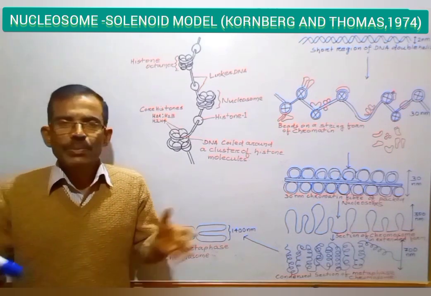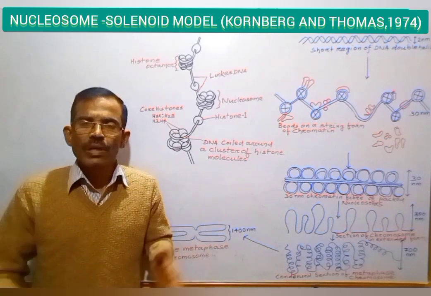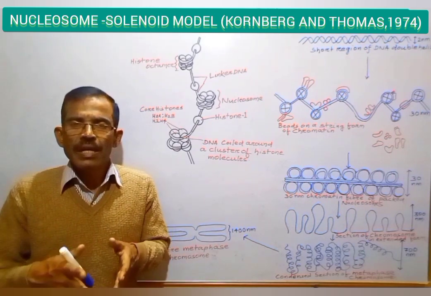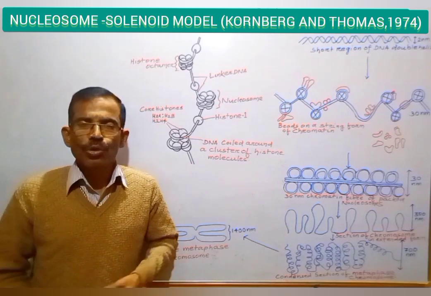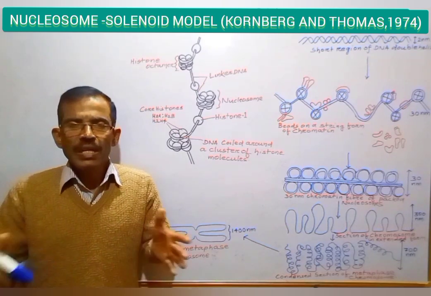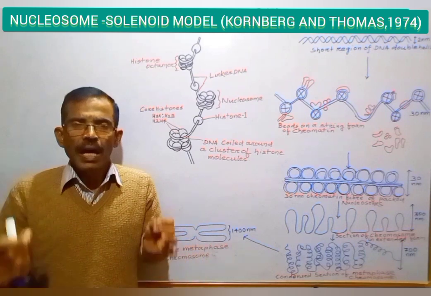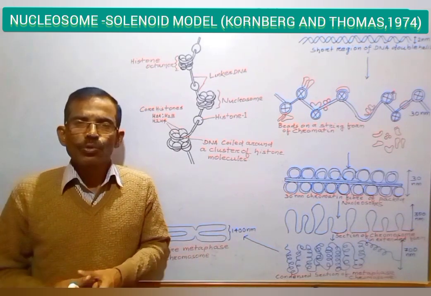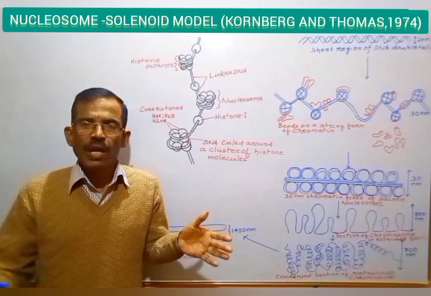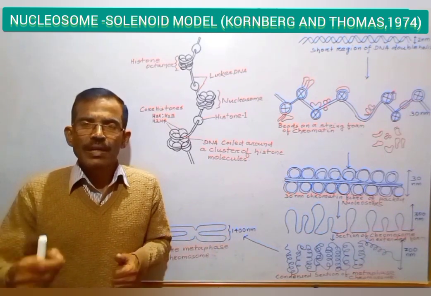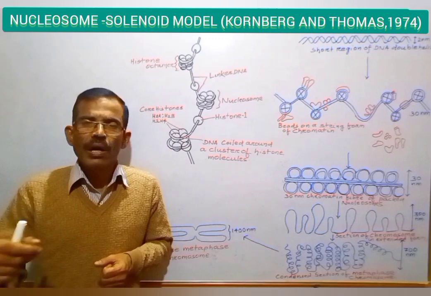When subjected to partial unfolding, it can be seen as a series of beads on a string under the electron microscope. The string is the DNA and the beads are nucleosome core particles, which consist of a histone octamer around which the DNA is coiled.